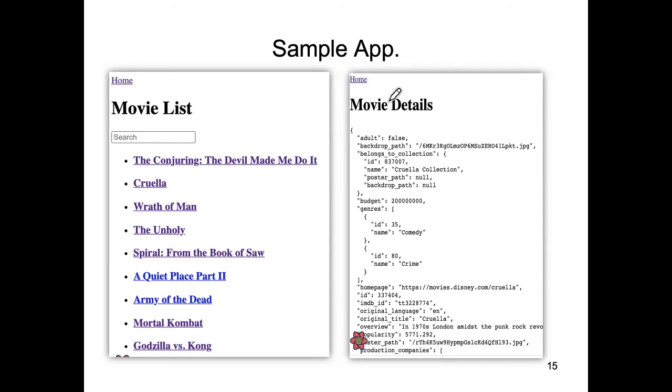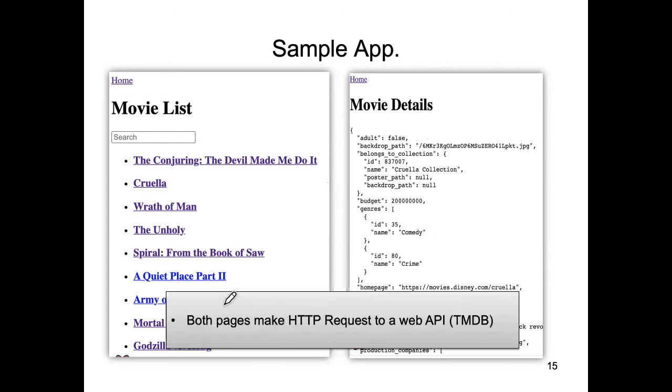Now, because I'm only interested in this discussion here on managing state data, I'm not interested in the UI. So all I'm doing with the movie details that I'm getting from TMDB is I'm just displaying the object that's being returned itself. So I don't care about the UI side of this. Clearly, when both of these pages mount, there's going to be a HTTP request made back to TMDB.